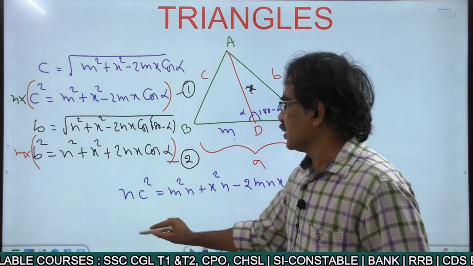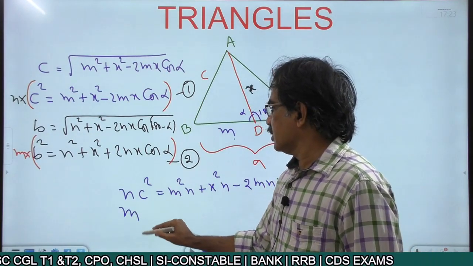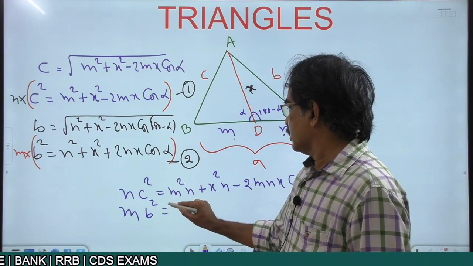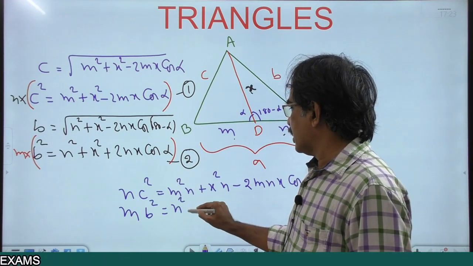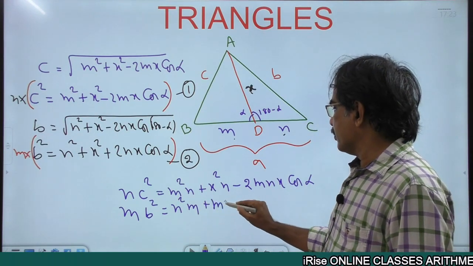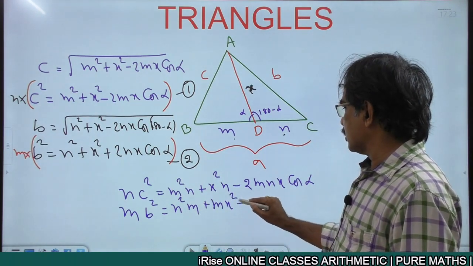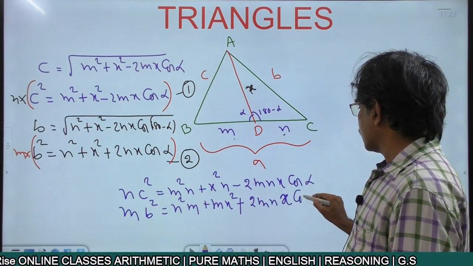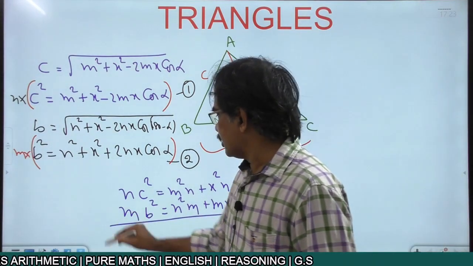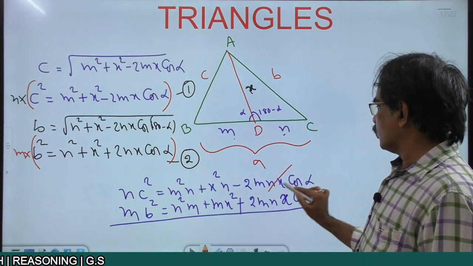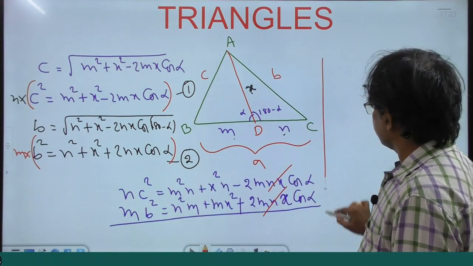This equation becomes mb square is equal to n square m plus mx square plus 2mnx cos alpha. Add these two. If you add these two, this one and this one get cancelled.